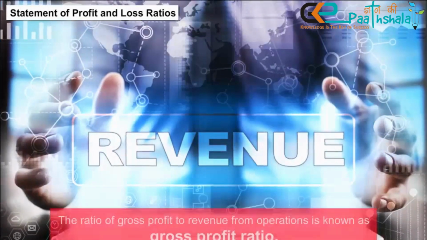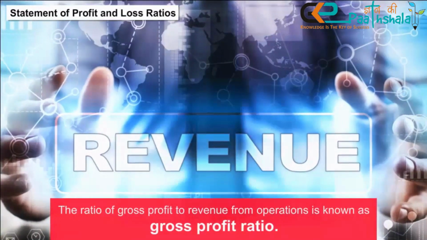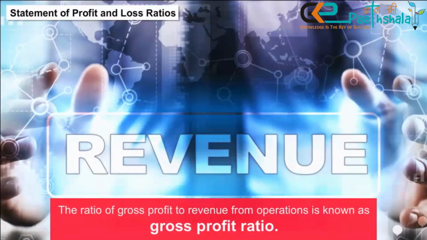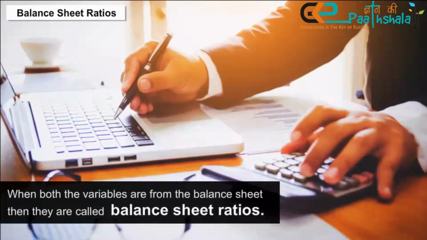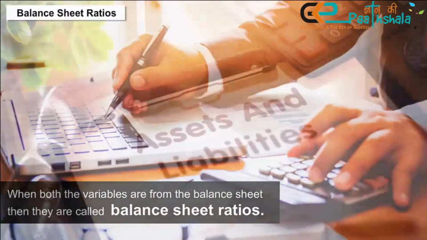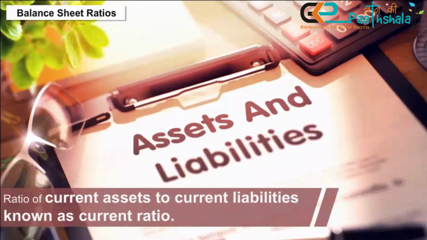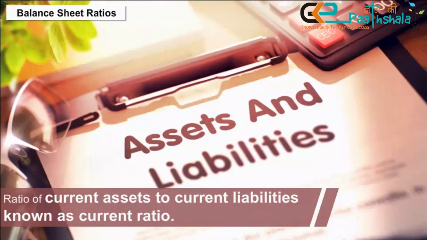For example, the ratio of gross profit to revenue from operations is known as gross profit ratio. Balance sheet ratios. When both the variables are from the balance sheet, then they are called balance sheet ratios. For example, the ratio of current assets to current liabilities is known as current ratio.